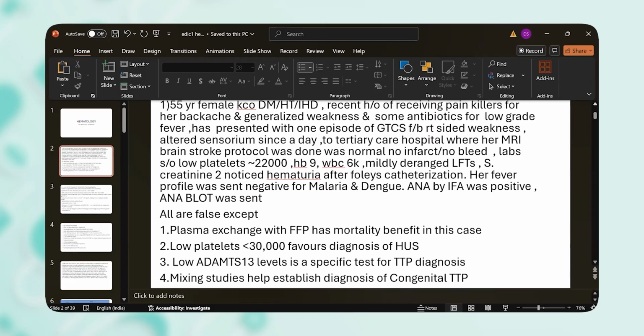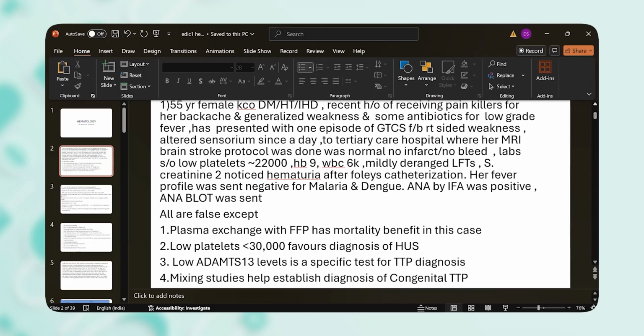There are many other etiologies where ADAMTS13 levels will be low, like sepsis and pregnancy. So it's not a specific test to diagnose TTP, and even when you send those levels, you cannot wait for the results. You start plasmapheresis as early as possible.